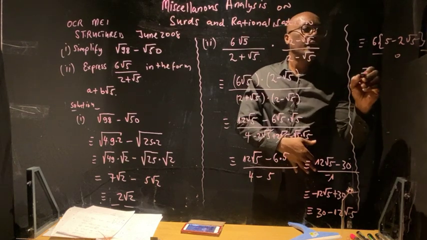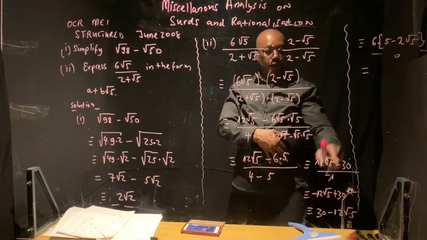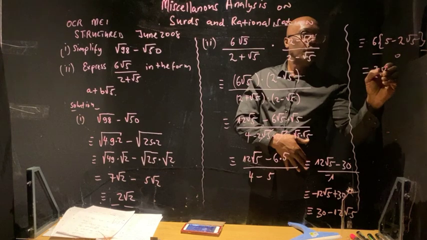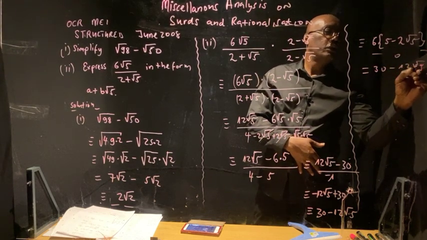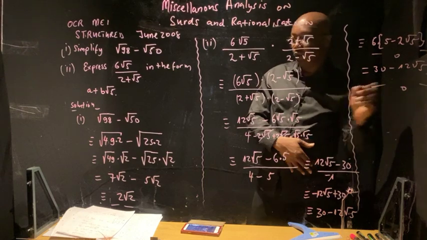Or you can leave it that way, 30 minus 12 root 5, whichever way. That should be the final answer.